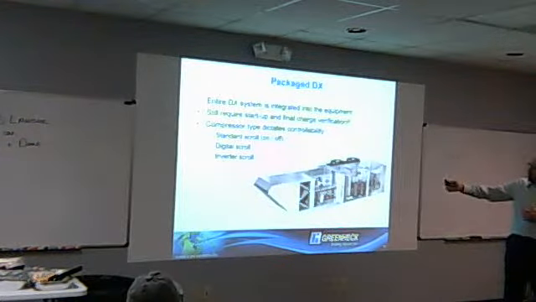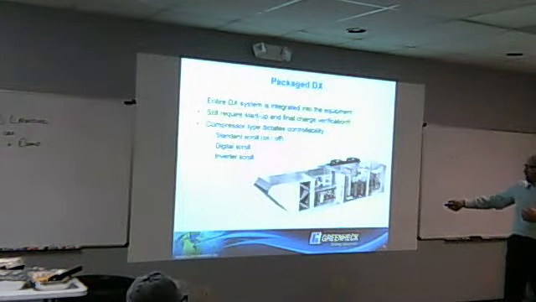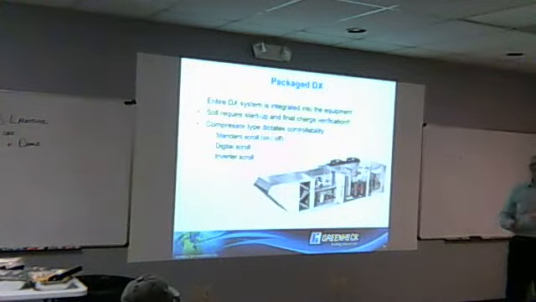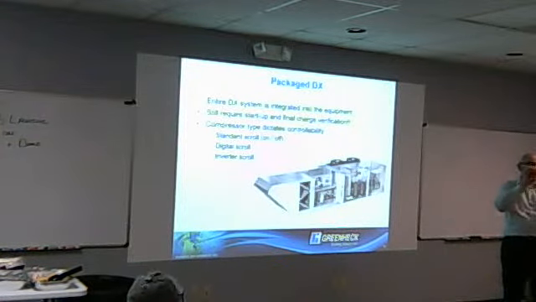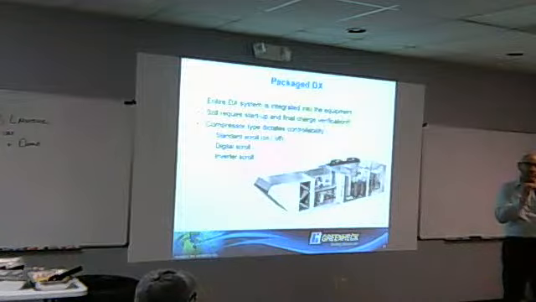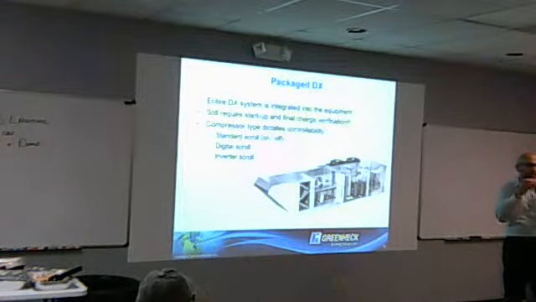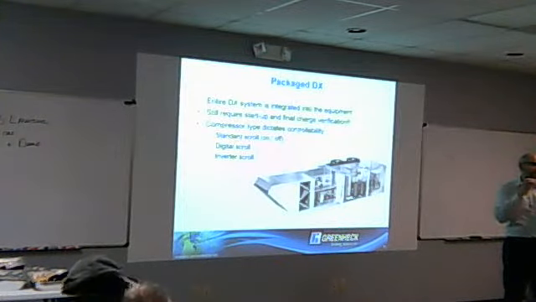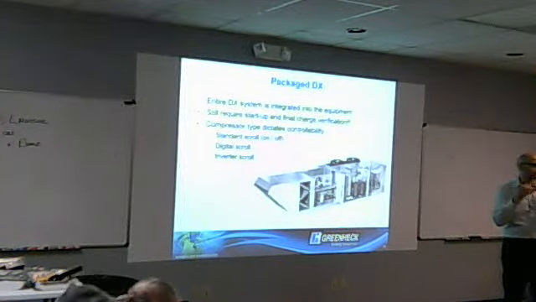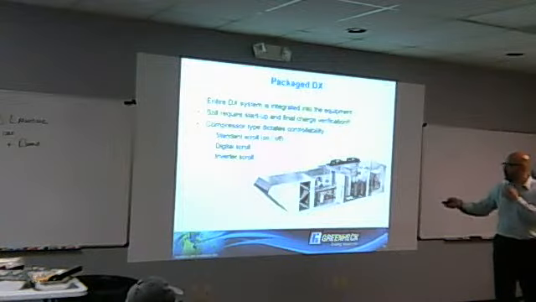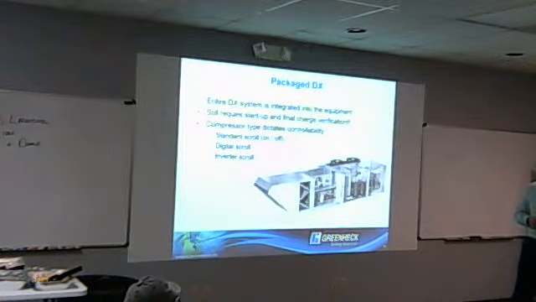But the more efficient way to do it is that inverter scroll. So we're putting VFDs on the compressors, and we're actually varying the speed. As you drop that speed down, you're saving energy. In the digital, it's running full time, all the time, 100%. It's just loading, unloading, so you're not really saving in terms of operating that compressor. So more inverter scroll than digital scroll.